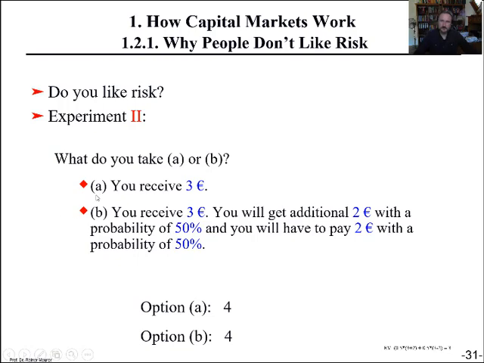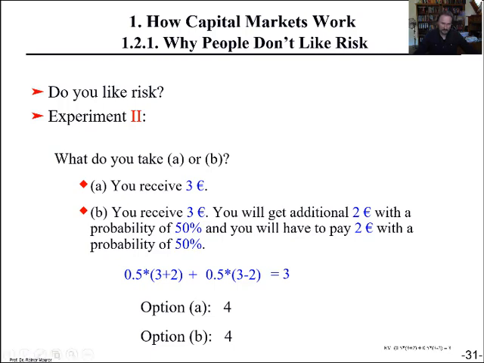Now let's turn to experiment 2. The expectation value of option B is now 50% times (3 plus 2) plus 50% times (3 minus 2). So the expectation value is now a little bit higher. The expectation value of this is 3.